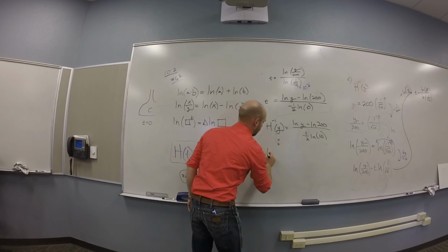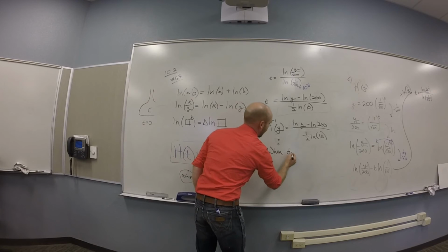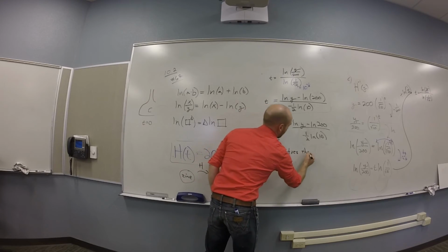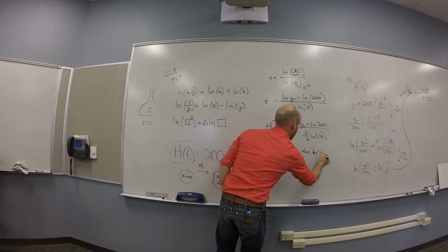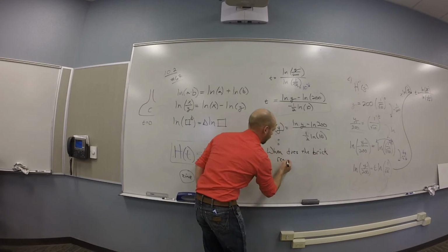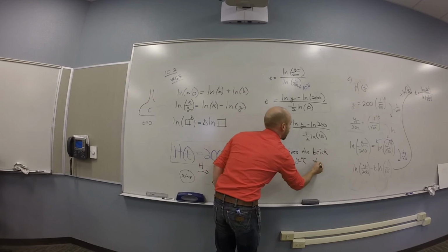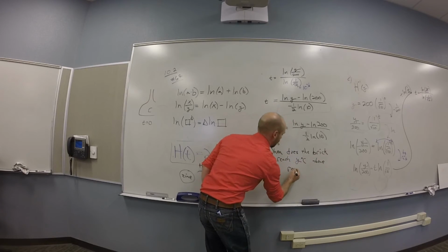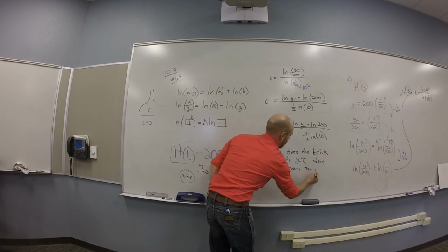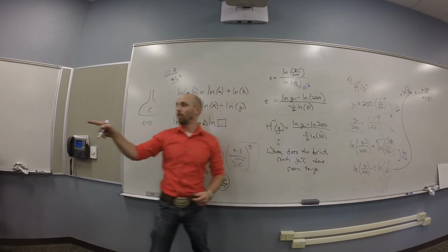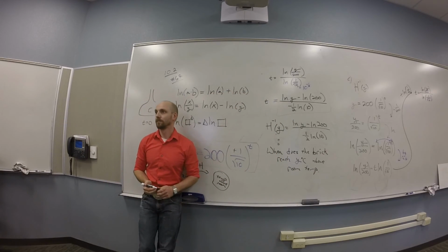So this thing is, when does the brick reach Y degrees centigrade above room temperature? So would the range be restricted because you can't go past 200? Oh, that's interesting.